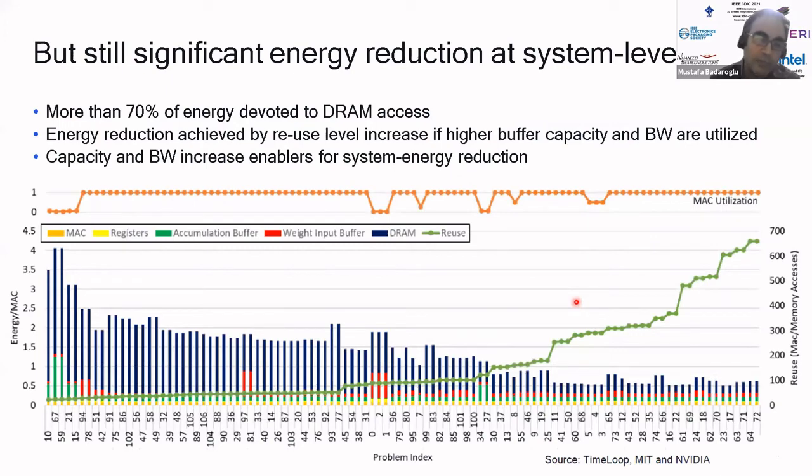Because most of the DRAM accesses, so about 70% of the accesses, are done for a compute application, while the rest is happening for the SRAM and the compute. So if we increase the capacity of the memory and improve the bandwidth, basically there is a significant reuse factor achieved in the application. You can reuse the data in the SRAM without the need to go to a DRAM or off-chip communication.